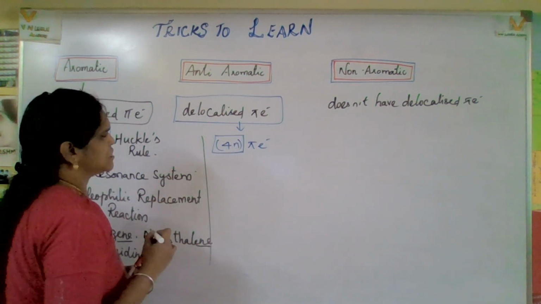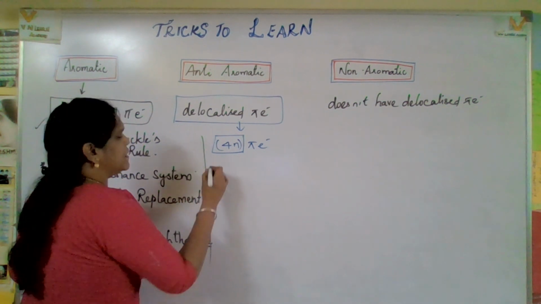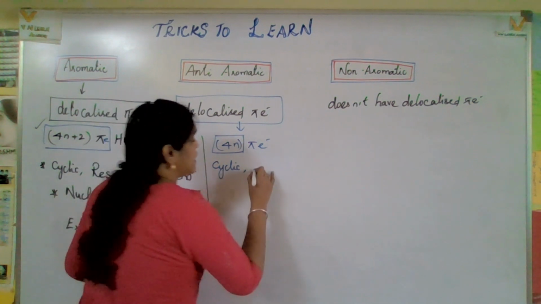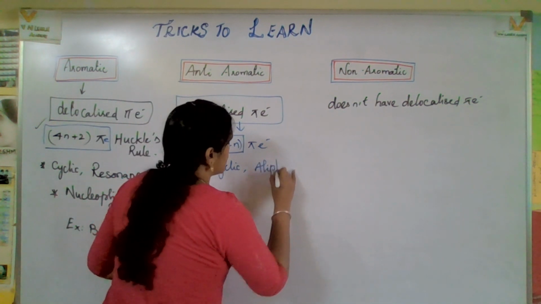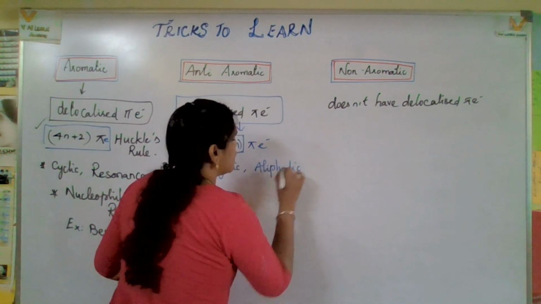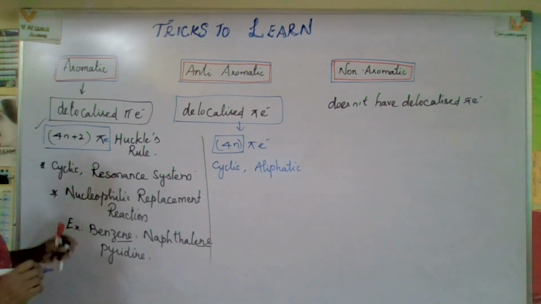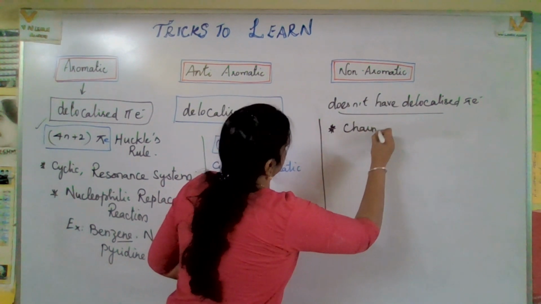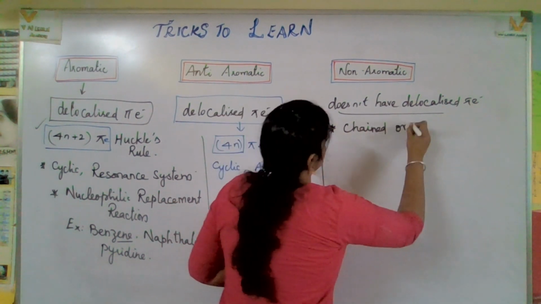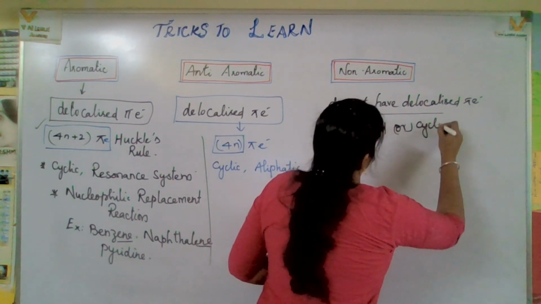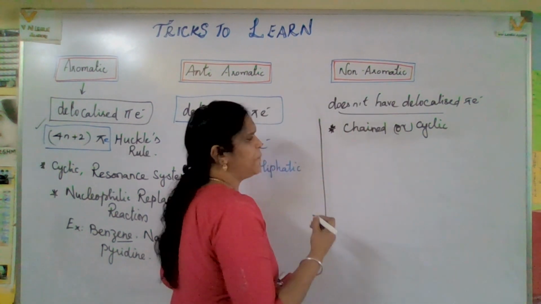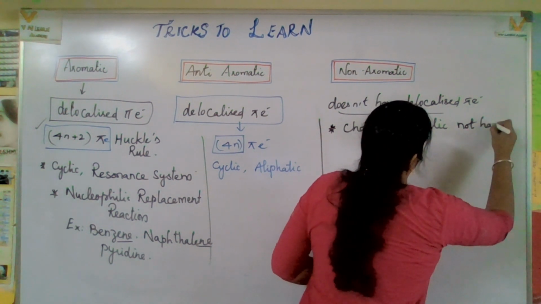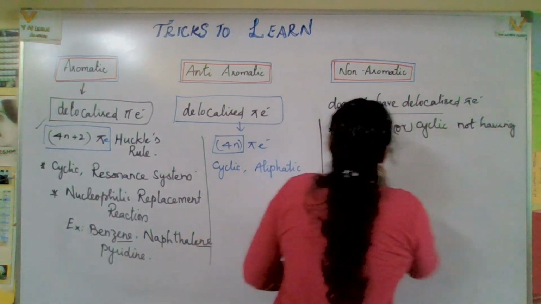Second, this is also cyclic, but generally aliphatic. It can be chained or cyclic, but it does not have a benzene cycle.